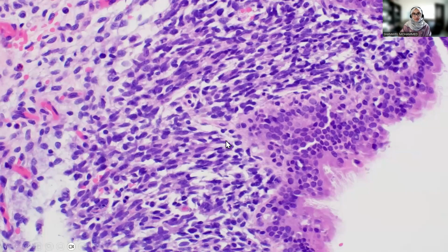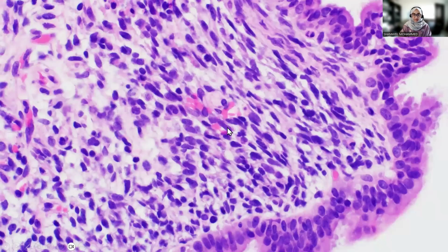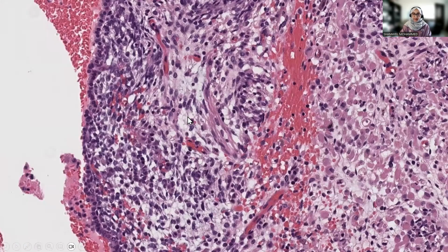This is a closer look at the atypical cells, high N/C ratio, undifferentiated, blastema-like cells, spindling over here, and then you have the rhabdoid differentiation and the tadpole-like spindle cells with striation.